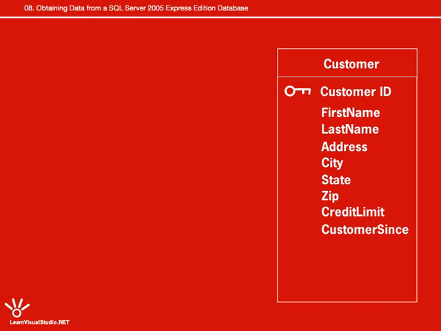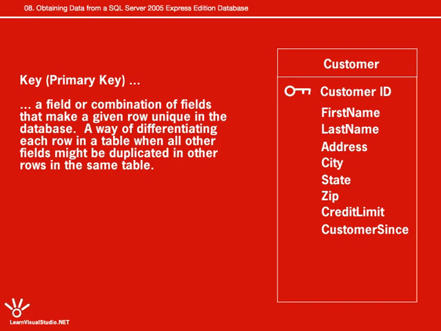A key is a way to differentiate 2 customers, or rather 2 records, that have the same name, for example. Now, while you may have 2 records with the exact same information, same name, same address, and so on, one field of data should be used to differentiate the rows. And typically, you're going to want to use a numeric field for this information.